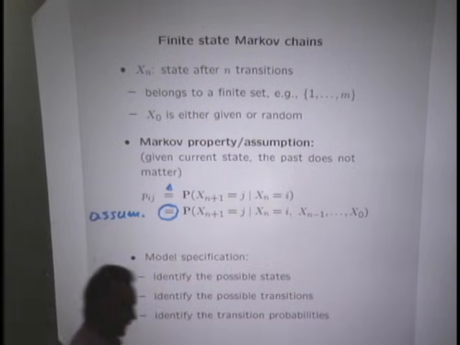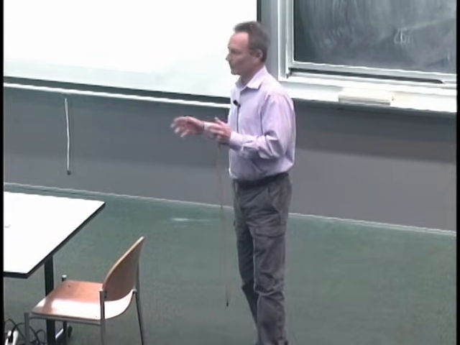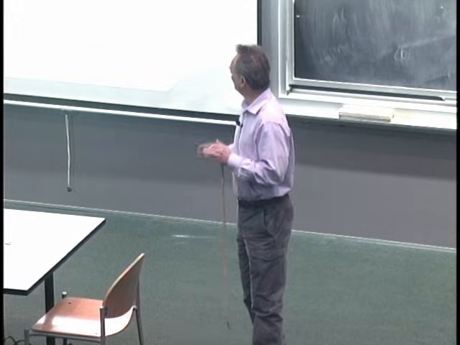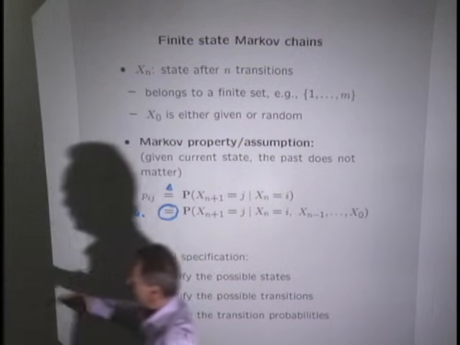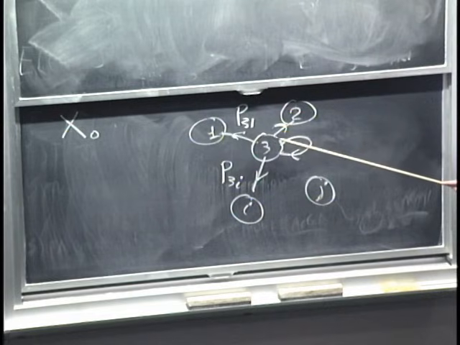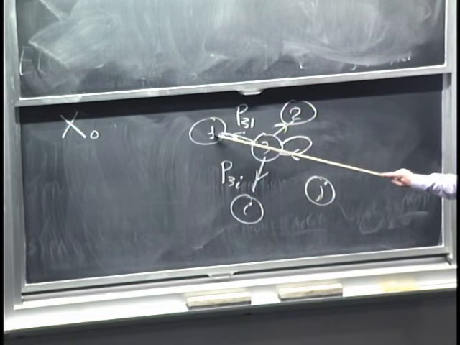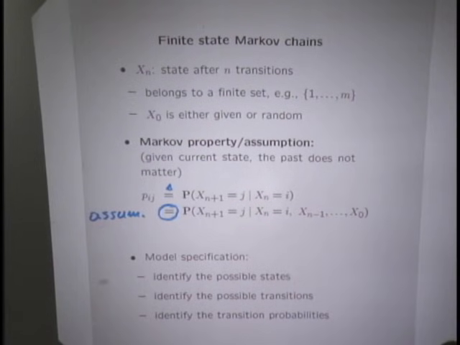So if I tell you right now you are at state i, and by the way you got there by following a particular path, you can ignore the extra information of the particular path that you followed. You only take into account where you are right now. So every time you find yourself at that state, no matter how you got there, you will find yourself next time at state 1 with probability P31. So the past has no bearing into the future as long as you know where you are sitting right now.